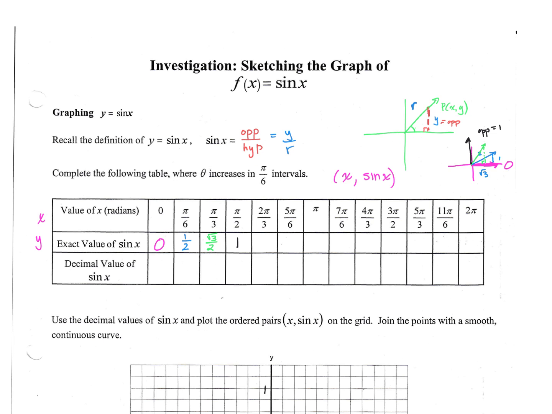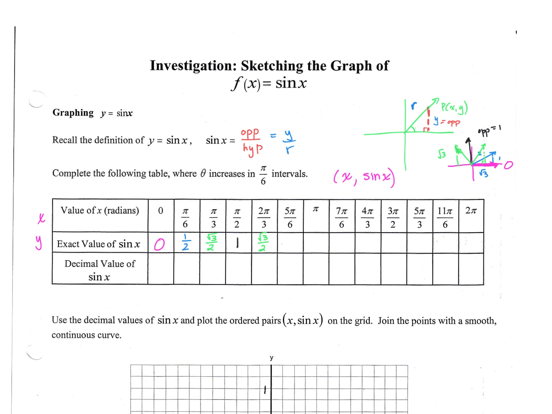Now I'm going to continue to rotate around my unit circle. My next angle is 2 pi by 3, so I'm going to use my related acute angle. Across from my pi by 3 is root 3 over 2. I'm going to pause there for a moment because I want you to notice something.